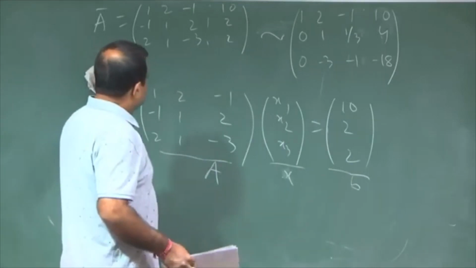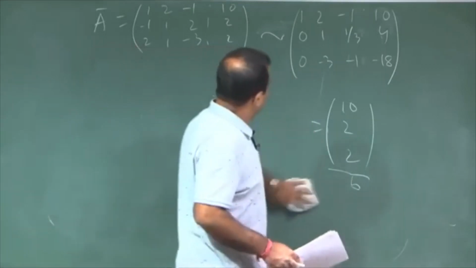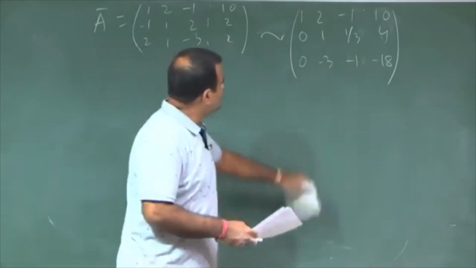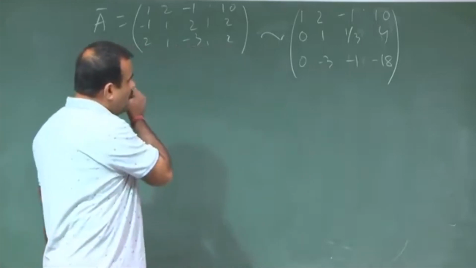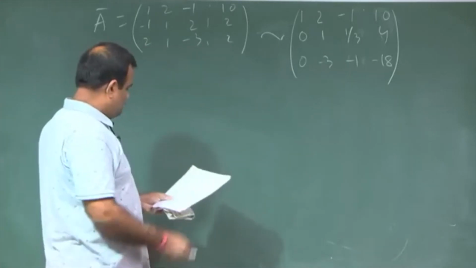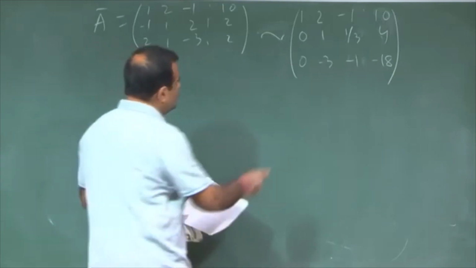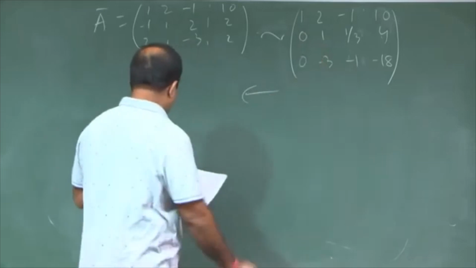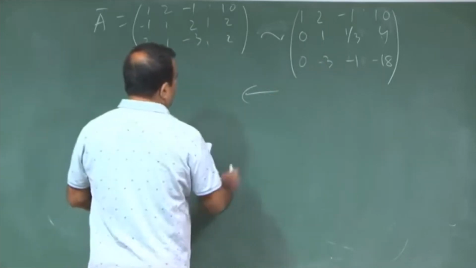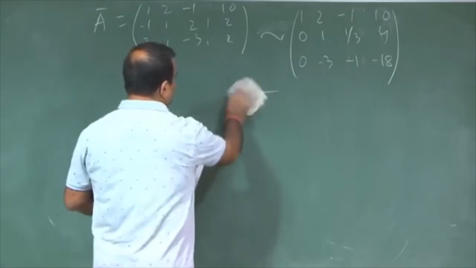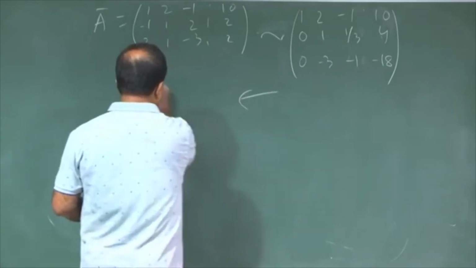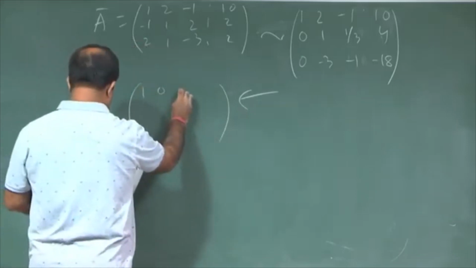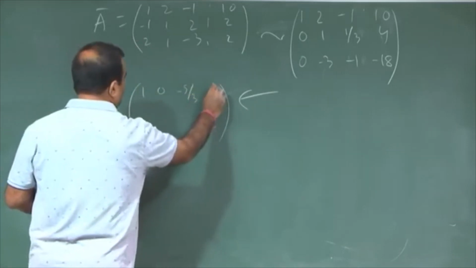Okay. So, now from here, what can we say, what is the rank of A? Again we can do another row operation on this by adding these two. This is the intermediate one. But again if we do the row operations, eventually we will get this matrix: 1, 0, minus 5 by 3, 2.